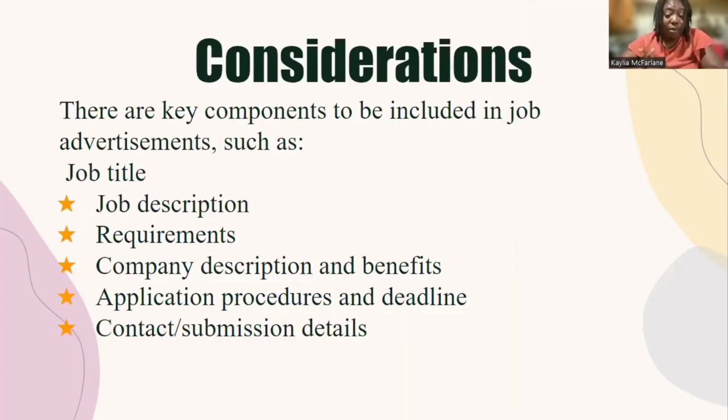So in recruitment, communication of vacancy is done through various sources such as the internet, newspaper, magazines, etc., and distributes forms easily so candidates can apply if we require them to apply via the forms. So again, the job description needs to be on there, the requirements, the company description and benefits, application procedures and deadline, and contact and submission details are all necessary considerations for a job advert.